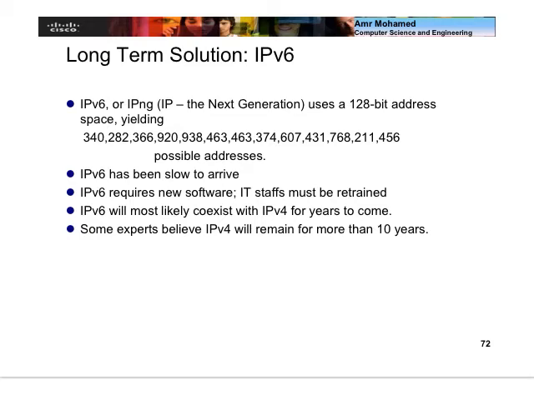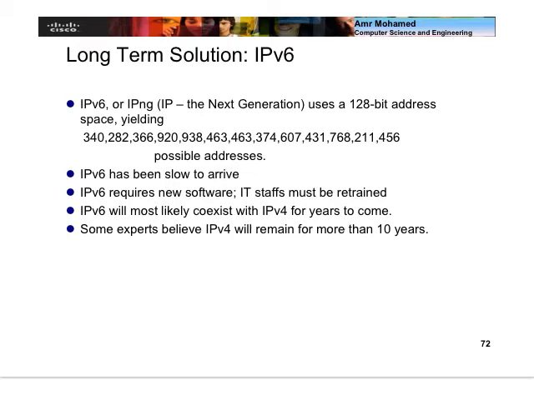So we came up with NAT, the idea that we can reuse some of these IP addresses and allocate private IP addresses and public IP addresses. We allow small home networks to reuse addresses in certain ranges. This was a smart, very simple idea.